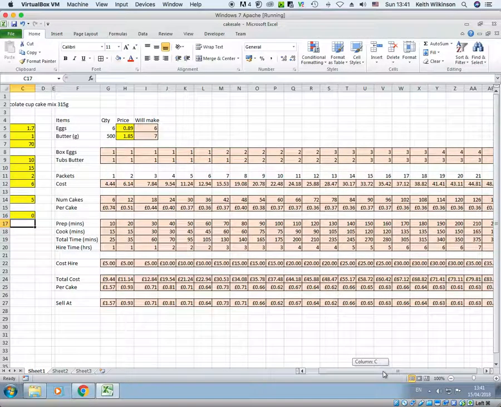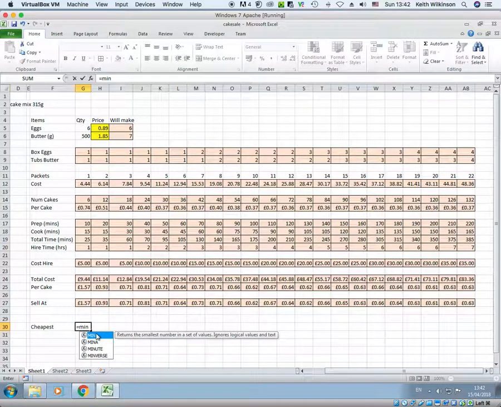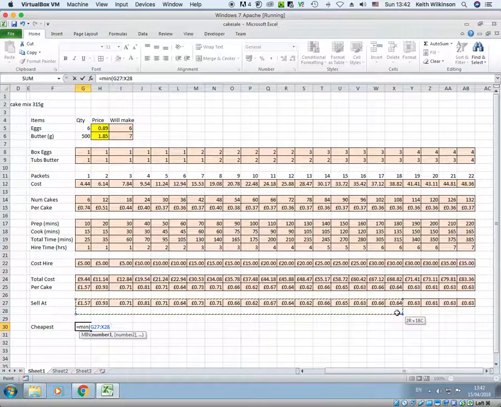Well, the answer there is no, we can't. The cheapest one is what? 62. In fact, we could use the spreadsheet again to help us find out, rather than look along the line. Cheapest is the min function of those numbers.